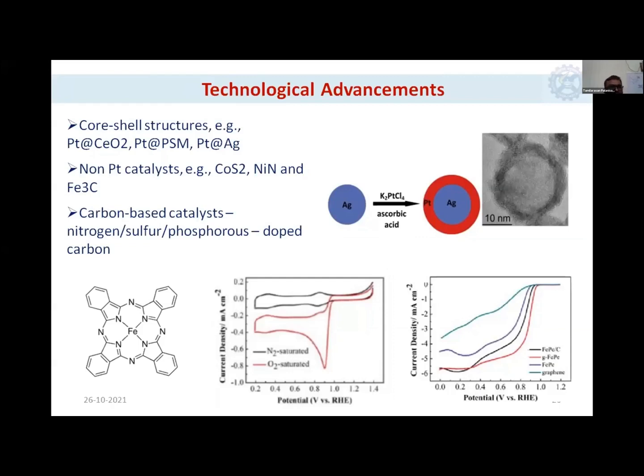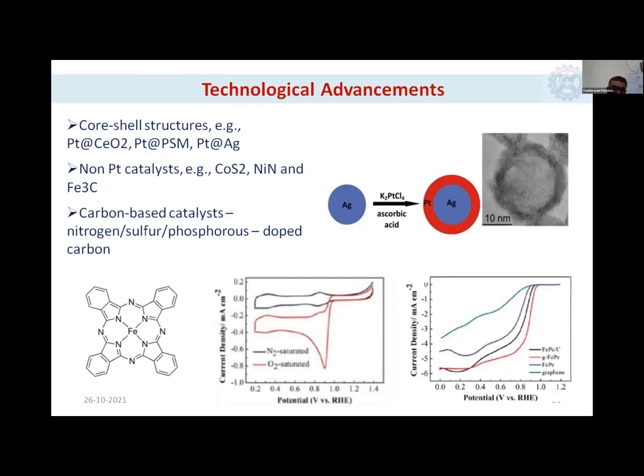Like nitrogen-doped carbon or sulfur-doped carbon, phosphorus-doped carbon. All these things have been tested, but they produce only a certain amount of energy. They are active in oxygen reduction and hydrogen evolution, of course, but the energy produced by those cells is very less, and the cell potential will also be very less.